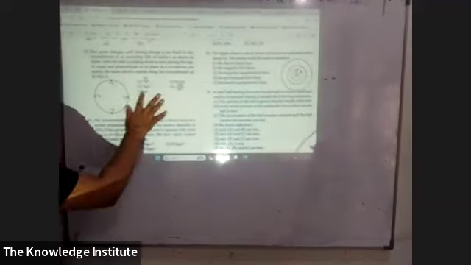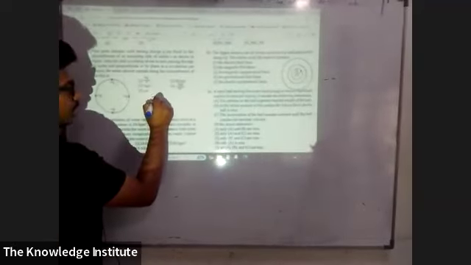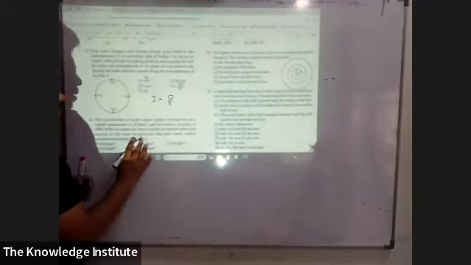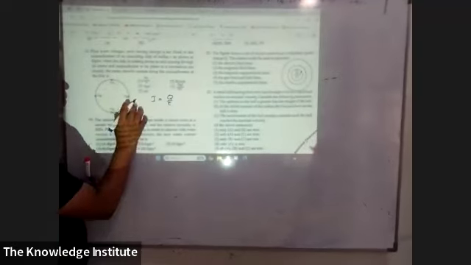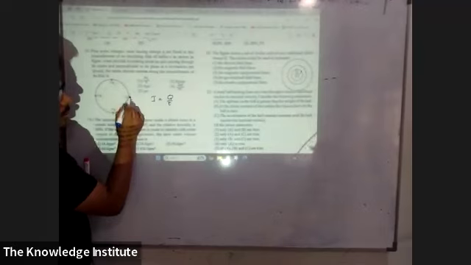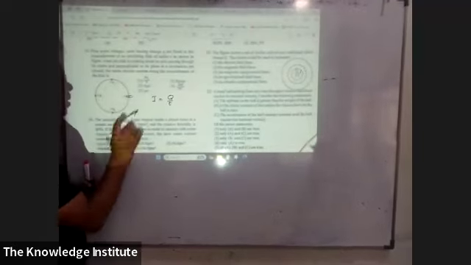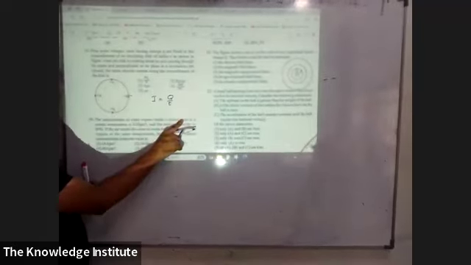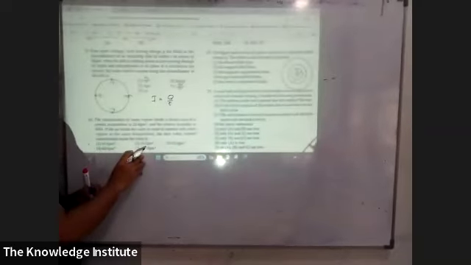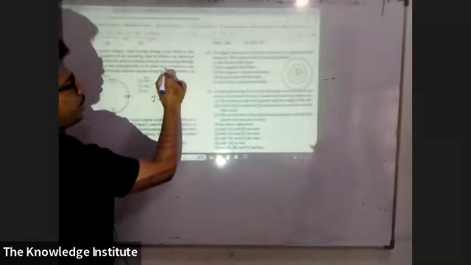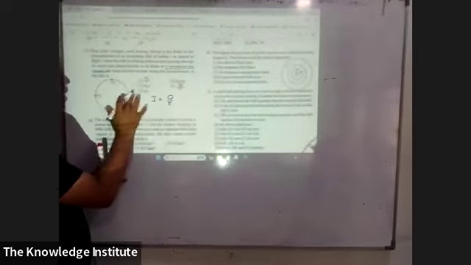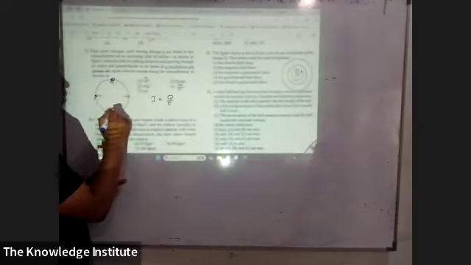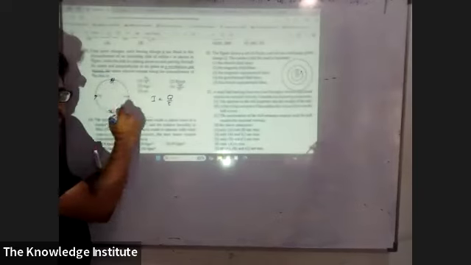Okay, so current we know I equals Q over T. So we want to find the number of charges passing a point within unit time. Here it says n revolutions per second, right? So in 1 second, if you take only this charge, it will pass this point n times.